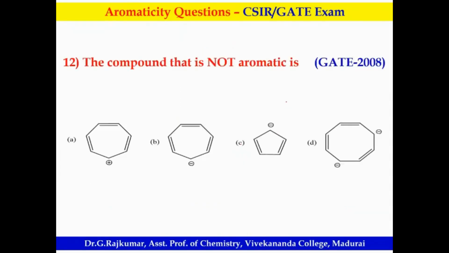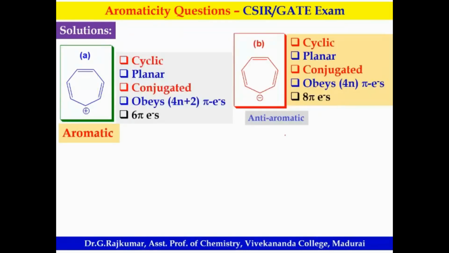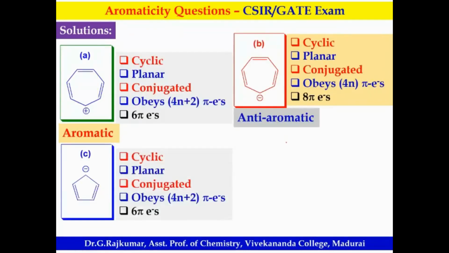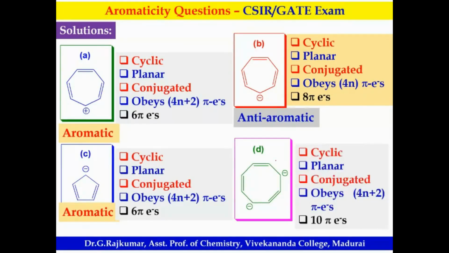So this is a GATE question. The compound that is not aromatic. Option D. Option B. So this A is aromatic, B is anti-aromatic, C is aromatic, the cyclopentadienyl anion, and this is also aromatic.